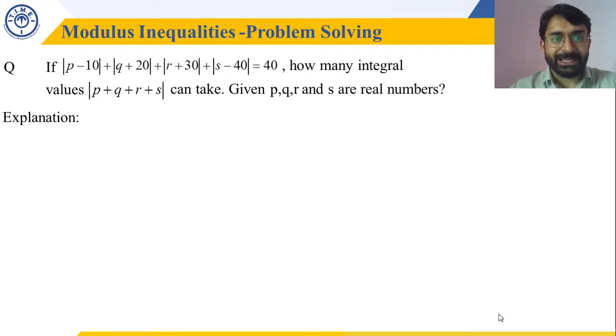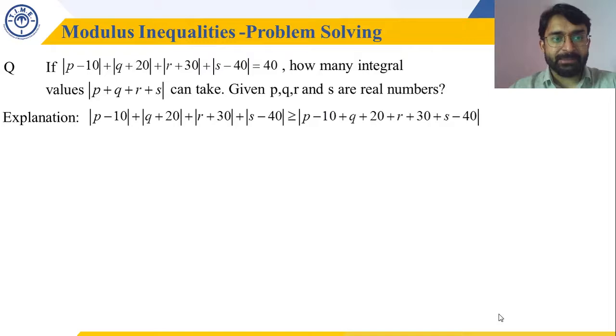So if I write it like this, |P minus 10| plus |Q plus 20| plus |R plus 30| plus |S minus 40| should be greater than or equal to the summation of all the terms. So that is greater than or equal to P minus 10 plus Q plus 20 plus R plus 30 plus S minus 40. I hope this is okay.